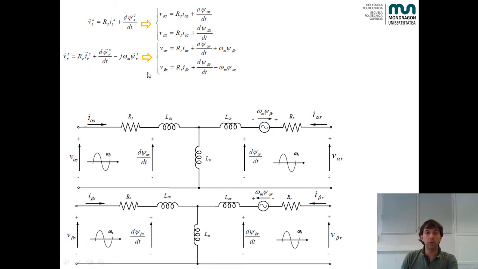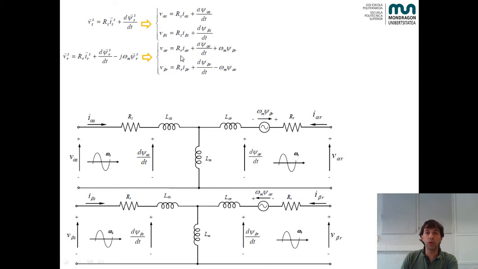And on the other hand, we have the rotor voltage. Here is the rotor voltage for the alpha component, and here we have the rotor voltage for the beta component. Here we have the rotor resistance due to the copper losses.